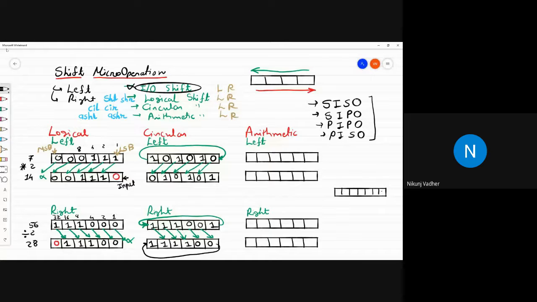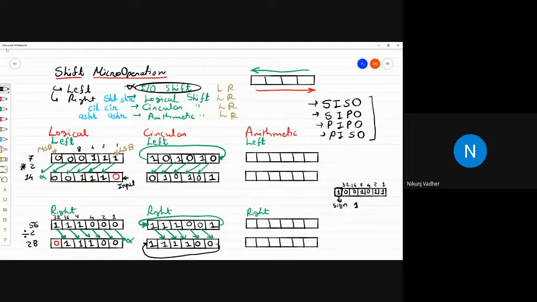So if it is, let's say, 1 1 0 1 0 0 and 1. Okay, so 1, 2, 4, 8, 16, 32. But in case of a signed number, just remember, the MSB will represent the sign.